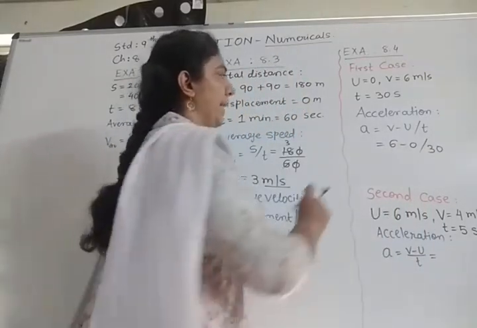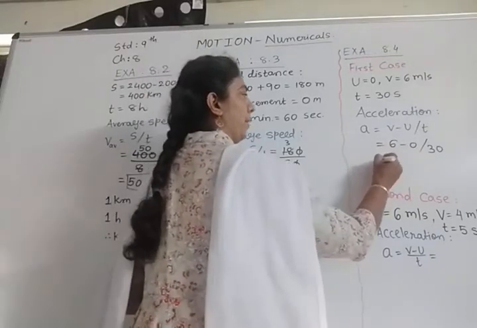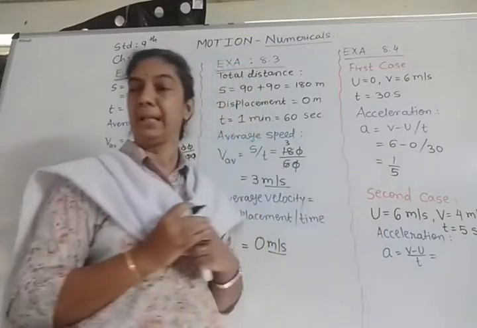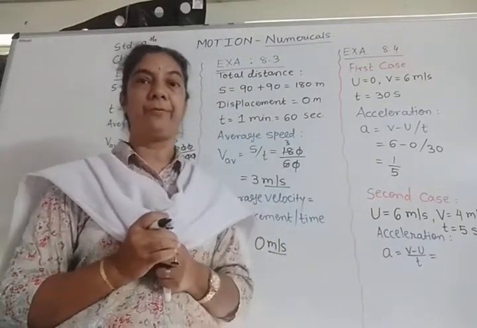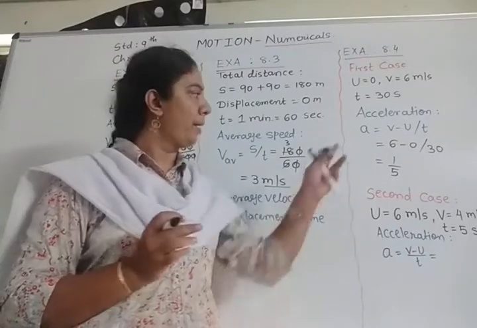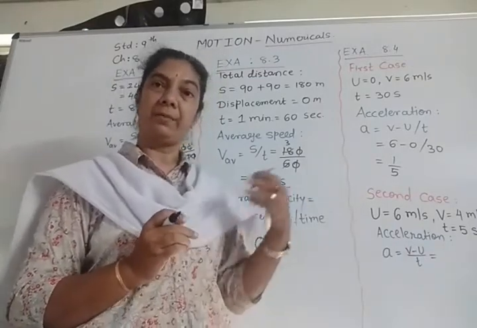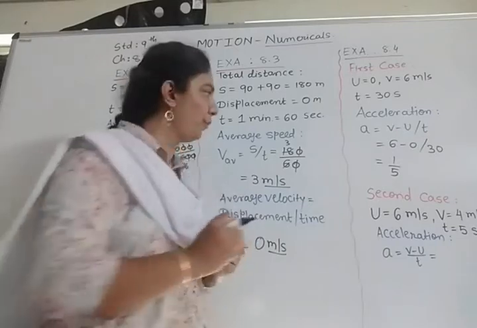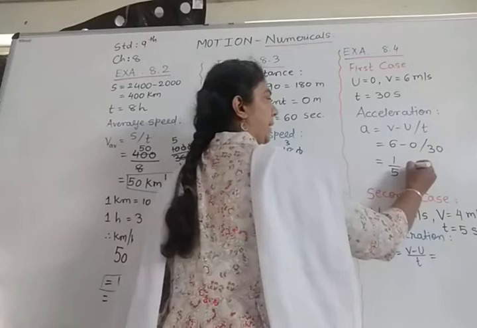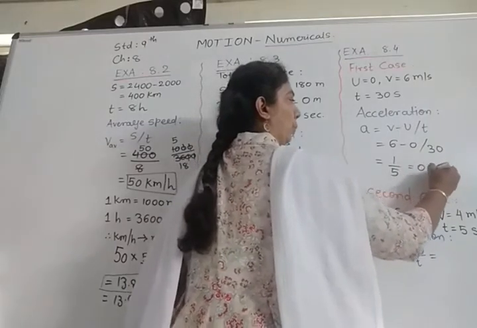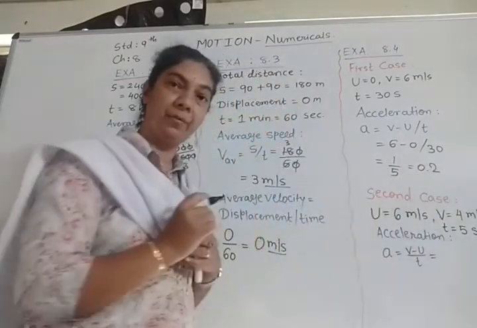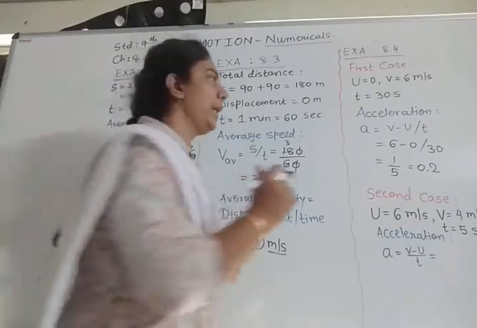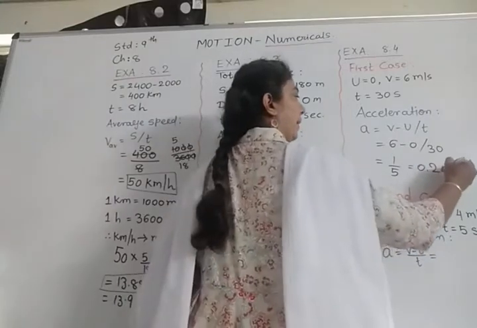Over here we will get 6 by 30, that is 6 5s are 30, so 1 by 5. If we convert the fraction 1 by 5 into decimal, 5 2s are 10, so we will get the answer as 0.2. What unit shall I write over here? The unit of acceleration is meter per second square.